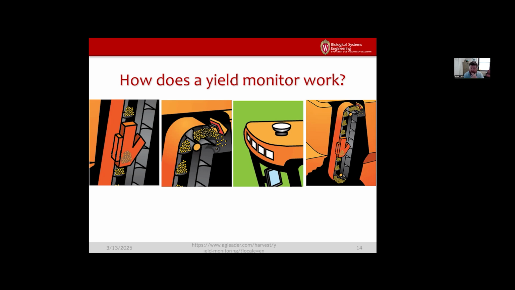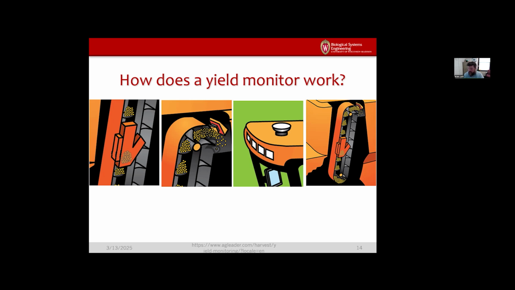As the material through the machine changes, we wind up getting higher or lower impacts, and that's where we're measuring our yield. Couple that with a GPS receiver. Now I know where in the field that happened, and so I can measure my yield across the board.